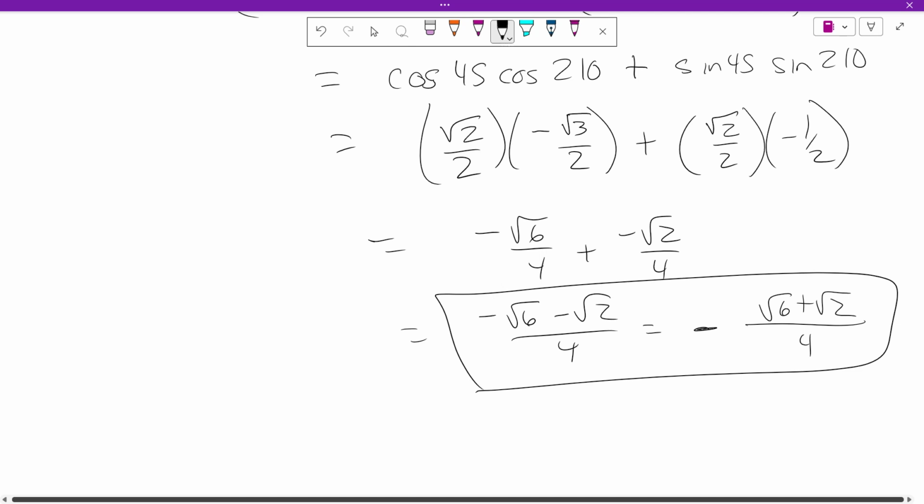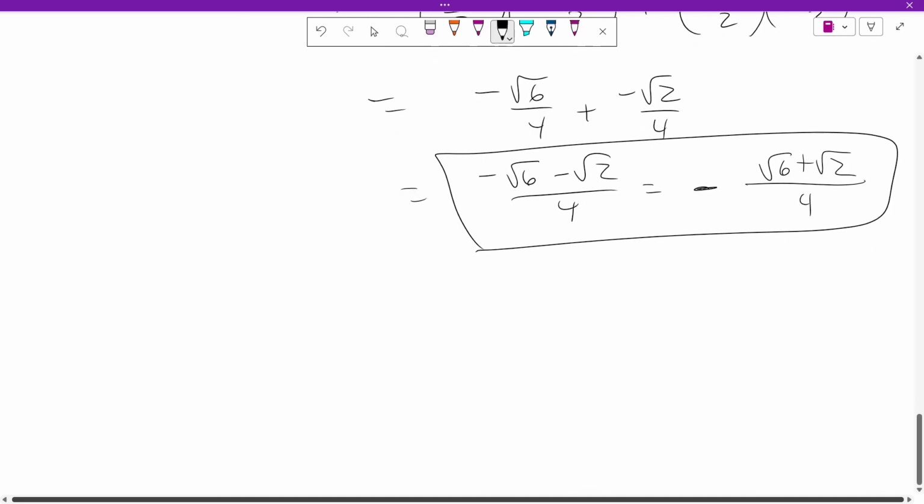Okay, so we've done it with degrees. Degrees are a little easier to work with than radians. So what is the cosine of 7 pi over 12? What two numbers would you add to make 7 pi over 12? That's why we did that earlier stuff, to kind of learn how to get this far.